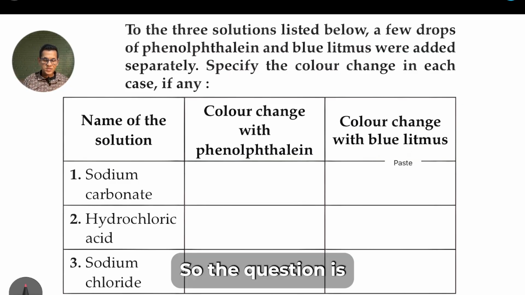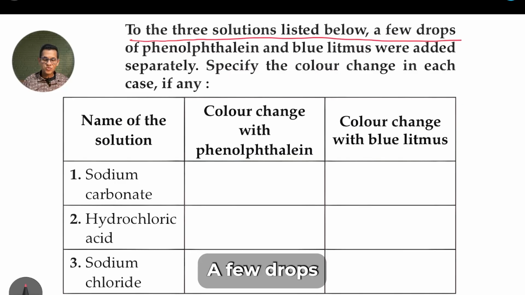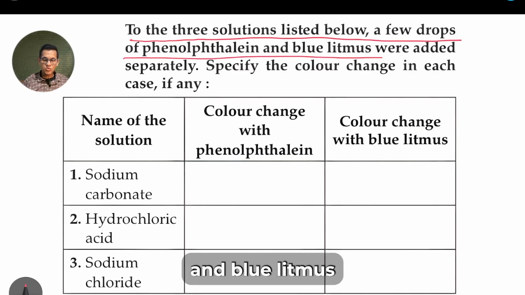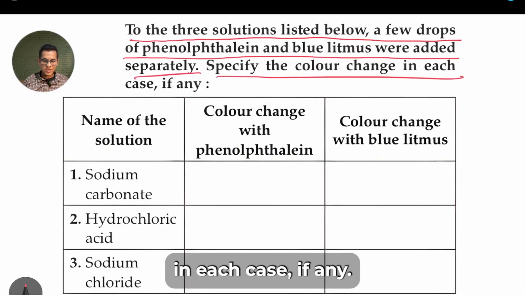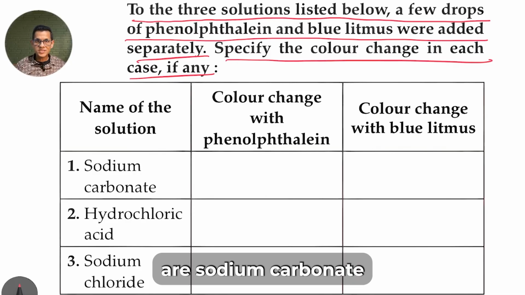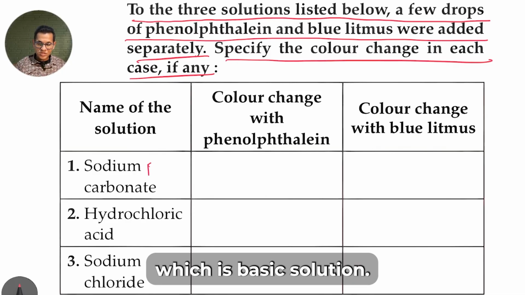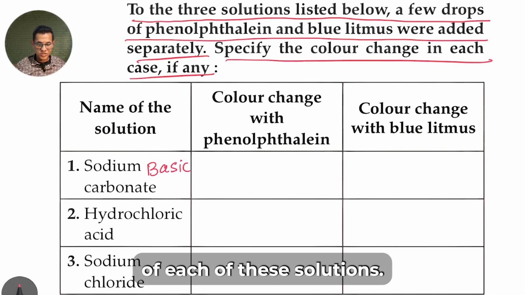So the question is, to the three solutions listed below, a few drops of phenolphthalein and blue litmus were added separately. Specify the color change in each case, if any. The three solutions that we have been given are sodium carbonate, which is a basic solution. So it's very important to understand the nature of each of these solutions.